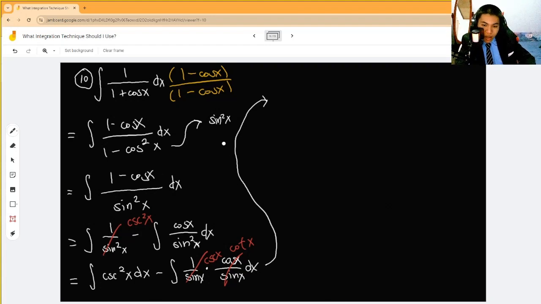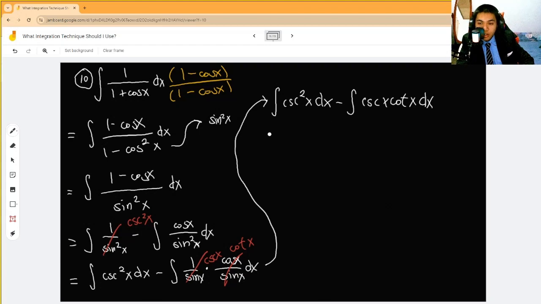Okay, so now we have the integral of cosecant squared x dx minus the integral of cosecant x cotangent x dx.